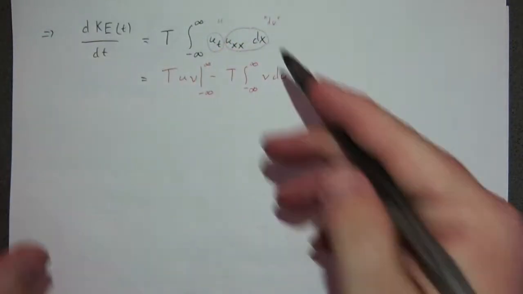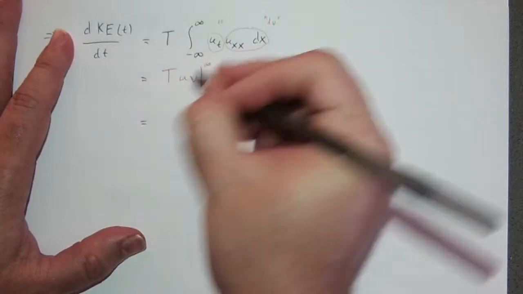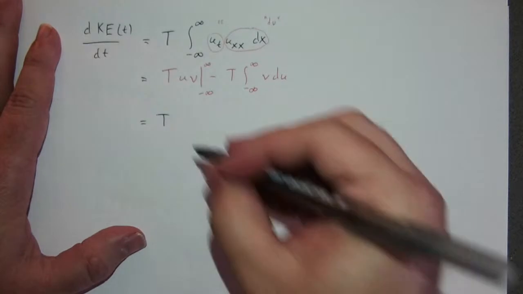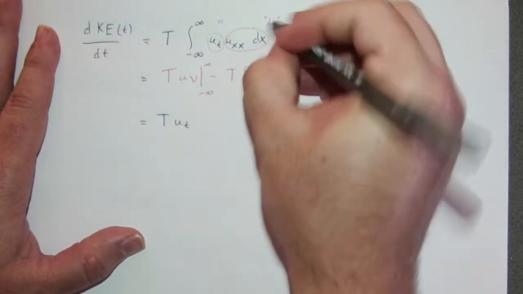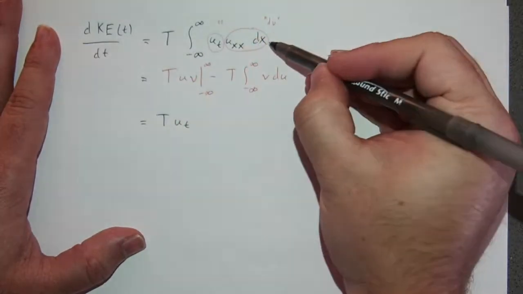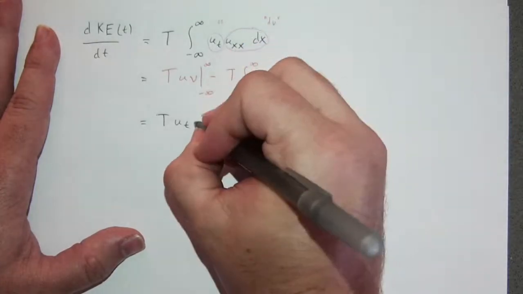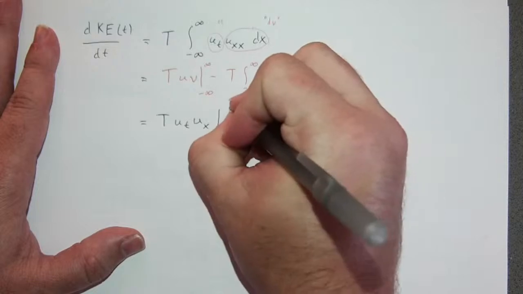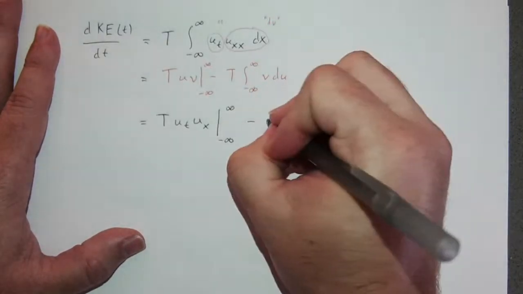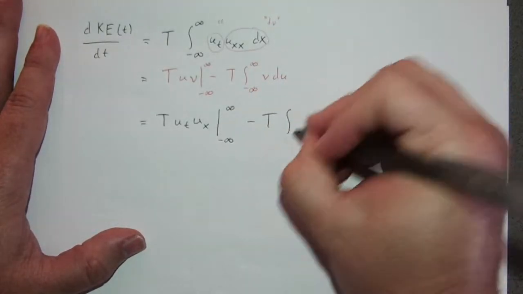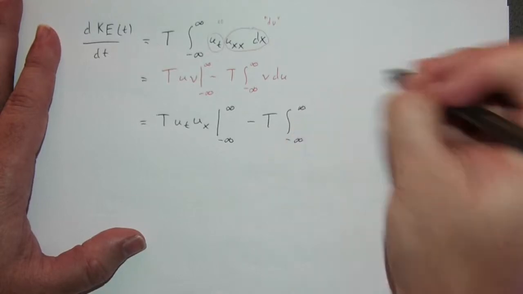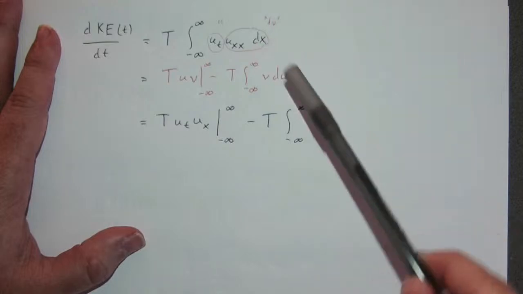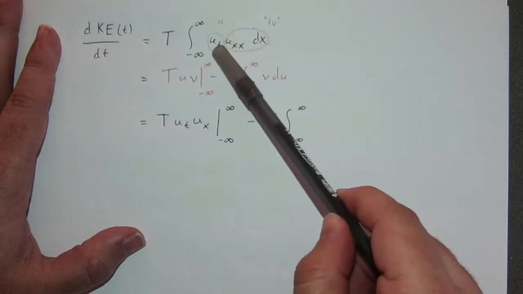So let me actually write out what that is here. So this is t times u sub t, since u is this u sub t here. If dv is u sub xx dx, then v is u sub x, evaluated from minus infinity to infinity, minus t times the integral from minus infinity to infinity of v, which is again u sub x, du.